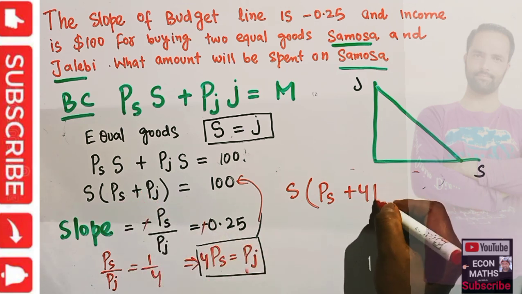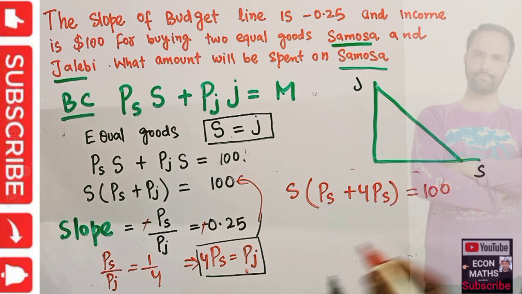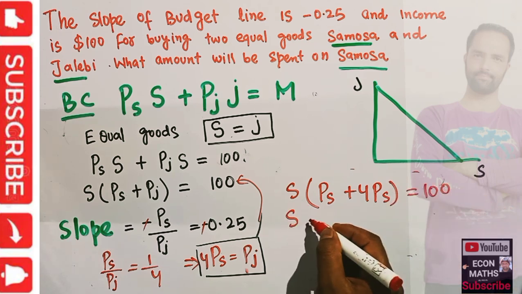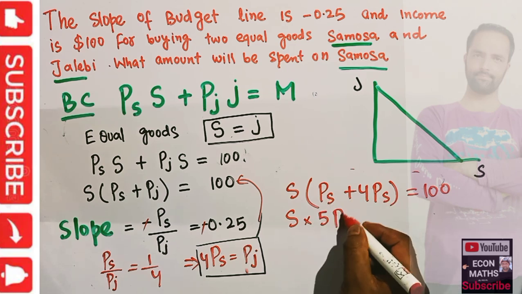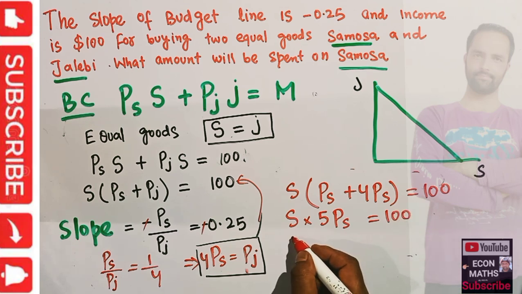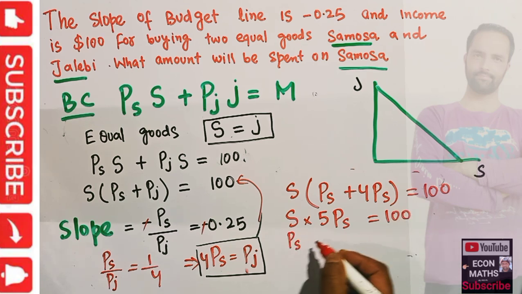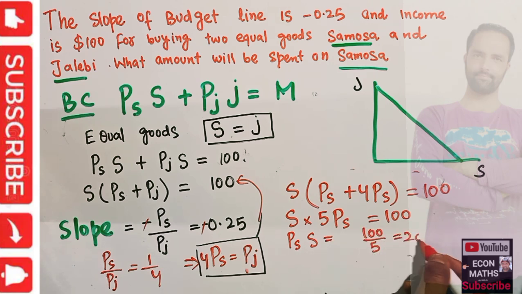So 4 times PS is equal to 100. So we have S times, so PS plus 4 PS is 5 PS is equal to 100, which gives us price of S into units of S is equal to 100 upon 5, which comes out to be 20.